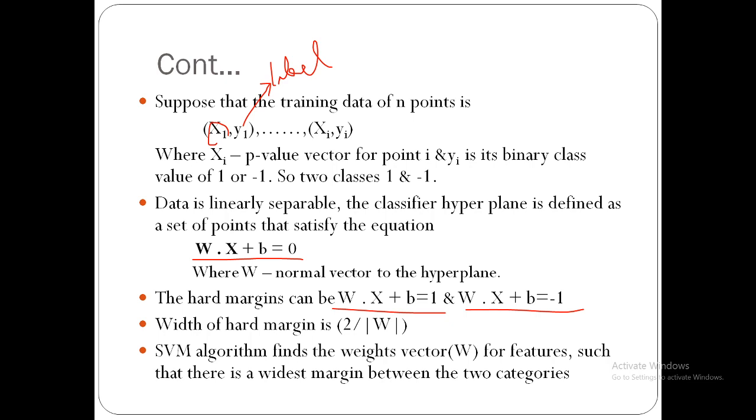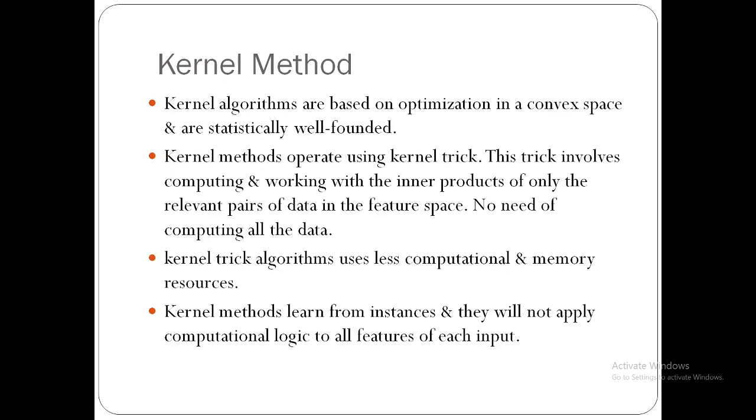This approach is going to reduce the memory requirement of the computation, as well as reduce the internal computations involved. It is possible because of some kernel methods. What are those kernel methods? We'll discuss here.